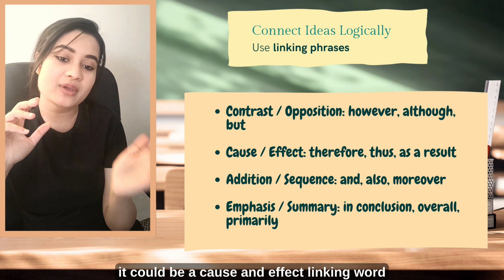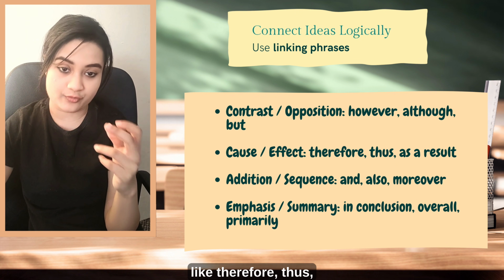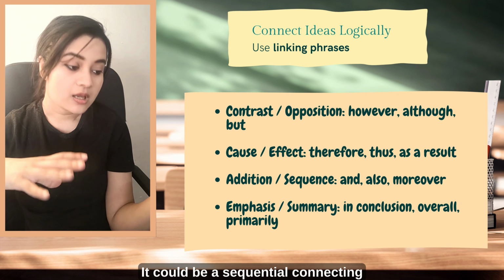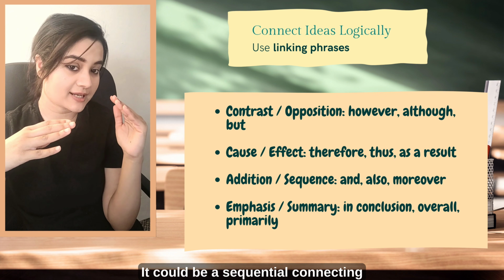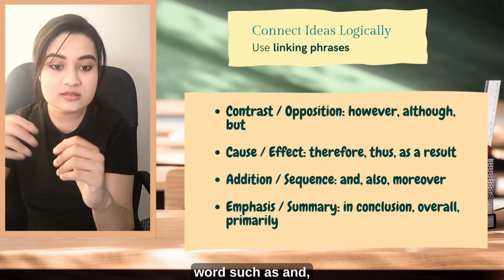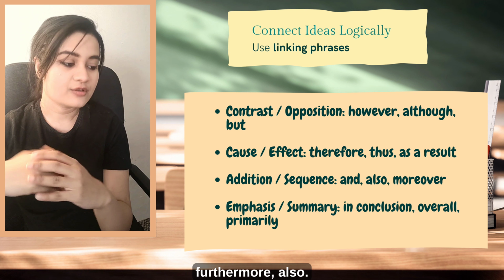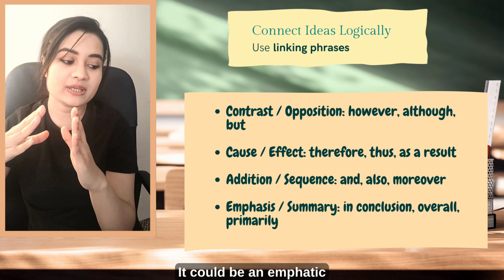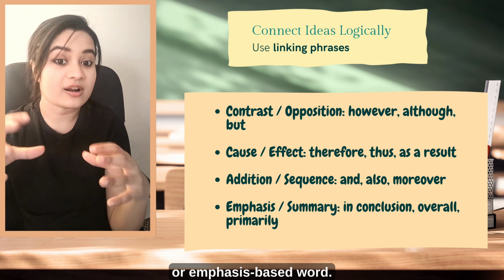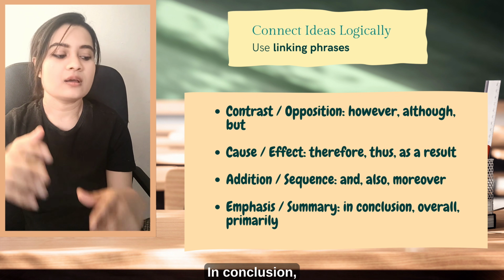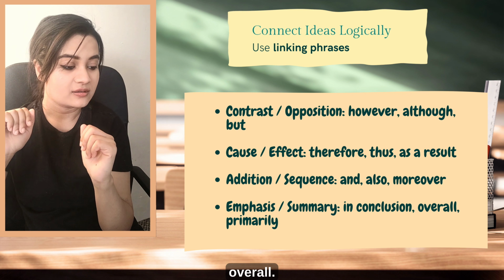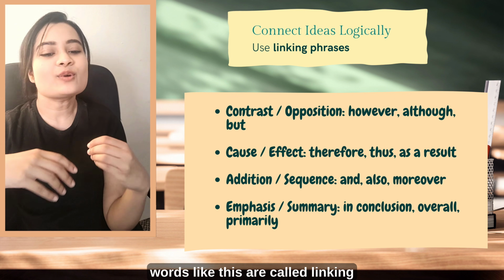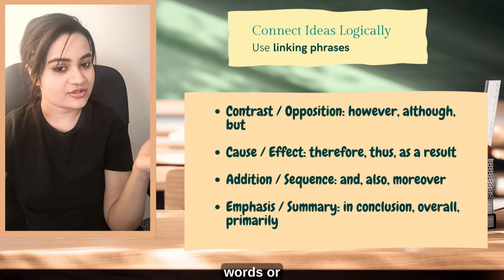Or it could be a cause and effect linking word like therefore, thus, as a result. It could be a sequential connecting word such as and, moreover, furthermore, also. It could be an emphatic or emphasis-based word: in conclusion, overall, primarily. Words like this are called linking words.